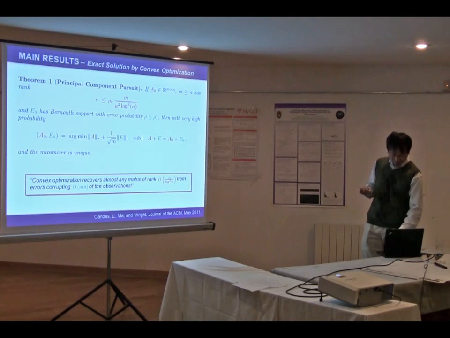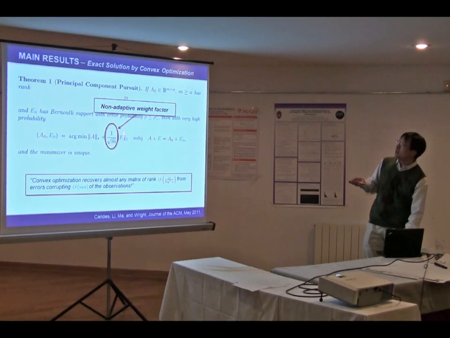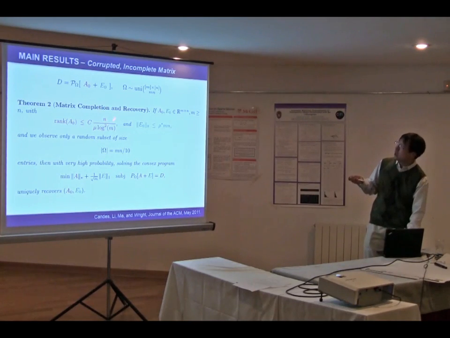This is one of the first results for this problem. The interesting thing is that the convex optimization has no free parameter for you to tune, and the global minimum corresponds to the ground truth. And you can also combine with matrix completion if you have incomplete measurements.